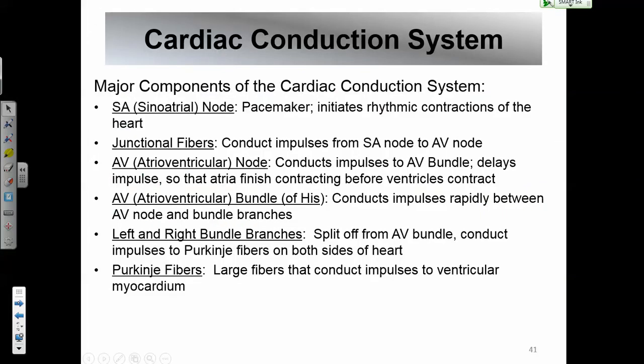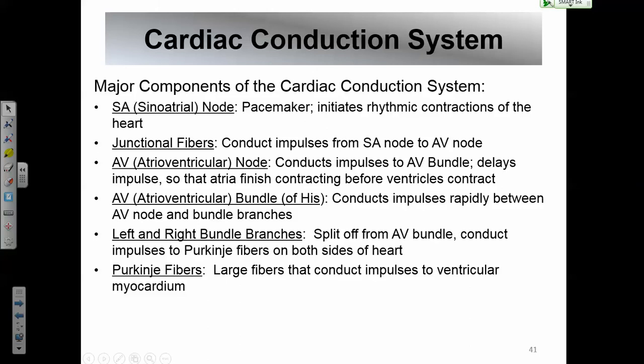All right, and so this lists all the different parts of it. You need to know the order. It starts with the SA node. This is the normal order. The SA node, and that means then it goes across the walls of the atria through the junctional fibers.